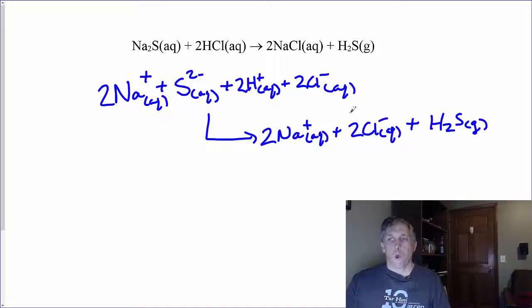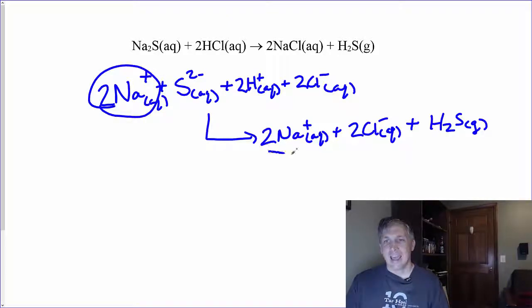So if you look at this equation when you write it this way, you'll see that sodium ion didn't really do anything. You have sodium ions in aqueous phase on the reactant side. On the product side, it's still an aqueous ion. So it didn't undergo any chemical change. It was an aqueous ion floating around in the water to begin with, and it's still floating around in the water.